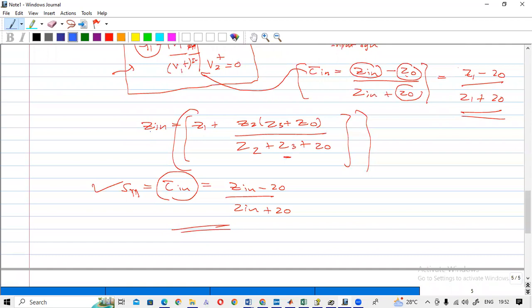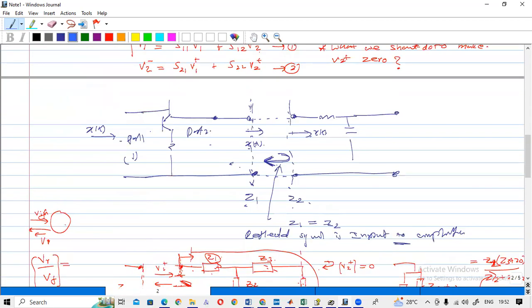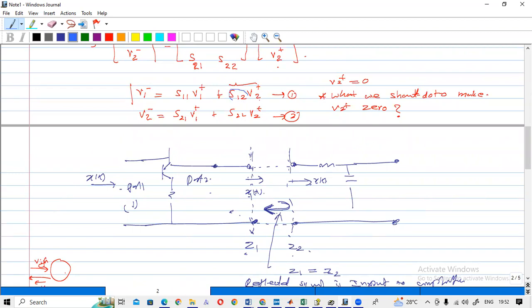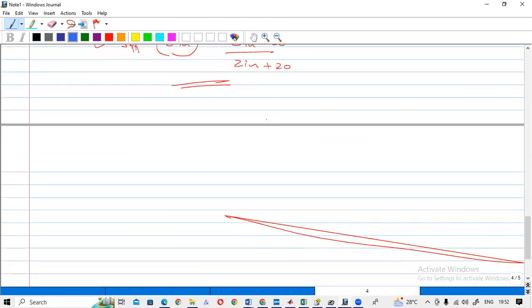You need to make V1 plus 0, and then you can calculate S12 as V1 minus divided by V2 plus, when V1 plus is equal to 0.